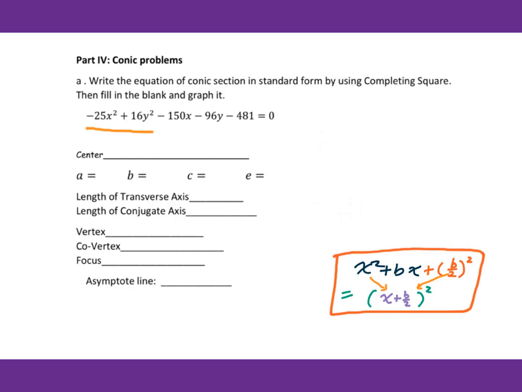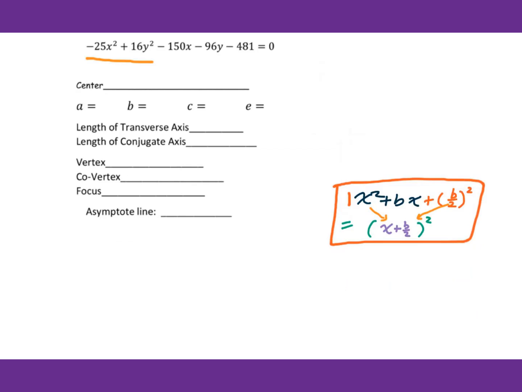You have to make sure there is 1x squared, then you add b over 2 squared, so you can form this completed square, x plus b over 2 squared. First of all, let's organize the equation. You will put all the y squared and y together and the x squared and x together. Then the constant number moves to the right side.